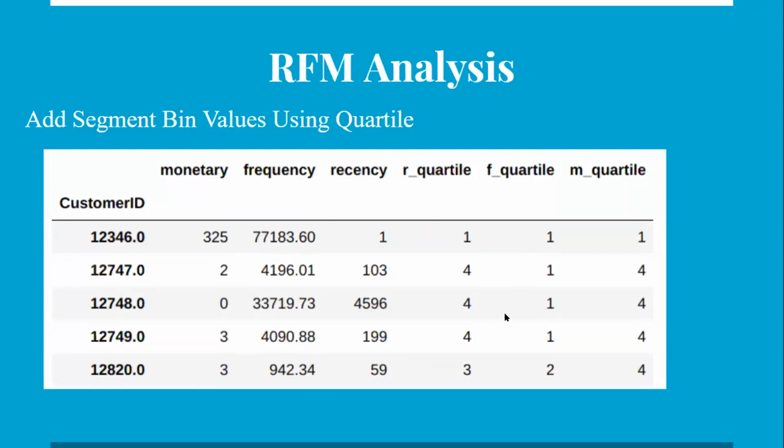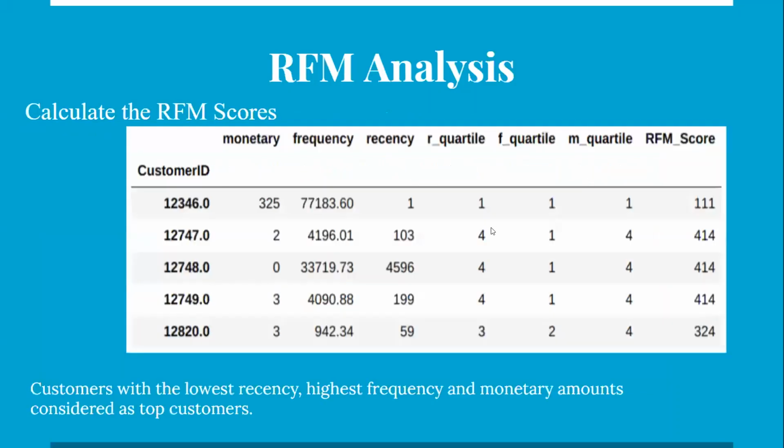From these quartiles, we're able to get scores like 111 and 114, which represent their RFM score value.